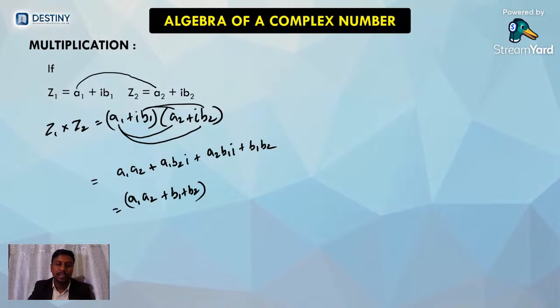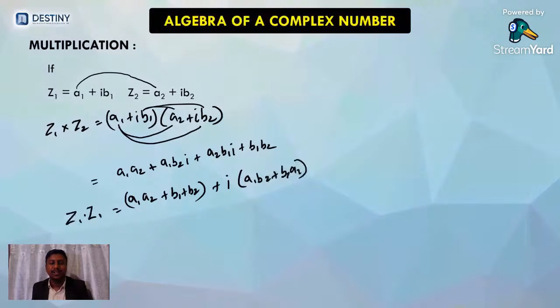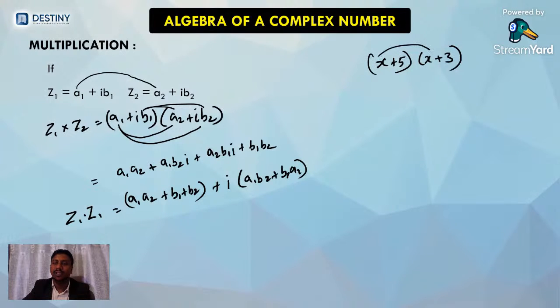Here I have taken the imaginary number, so a1 b2 plus b1 a2. That's it. This is the multiplication, simple as that. If you take any two binomials, for example x plus 5 into x plus 3, this is the step you will follow, right? The same thing you have to follow here.